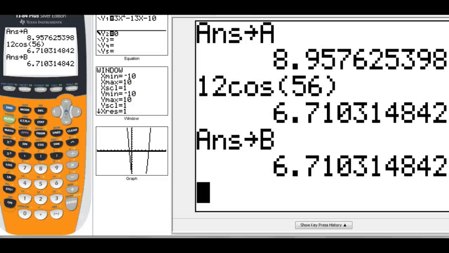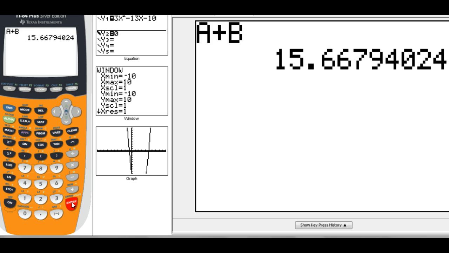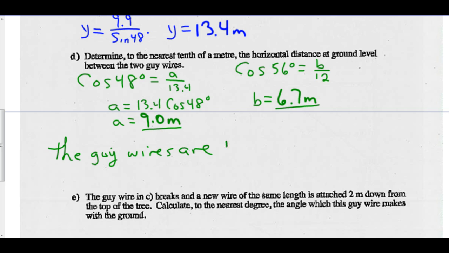Let's make sure that's correct by using our non-rounded decimal values, A plus B. So 9 plus 6.7 is 15.7. This is 15.667, so rounded to one decimal is 15.7. So they are 15.7 meters apart. Beautiful.